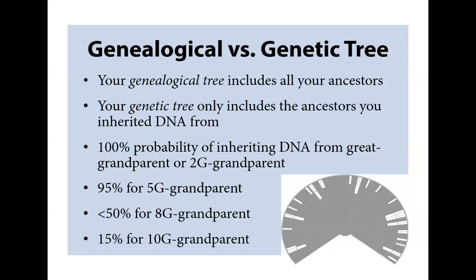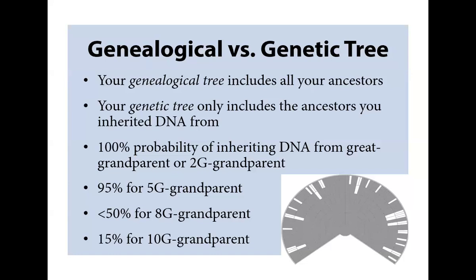So usually, from a lot of ancestors, you can go out to roughly your fifth great grandparents to see what DNA you might have inherited. But just to give you an idea of what percentages go down, there actually is a bit of a drop off, especially when you get past that fifth great grandparent.